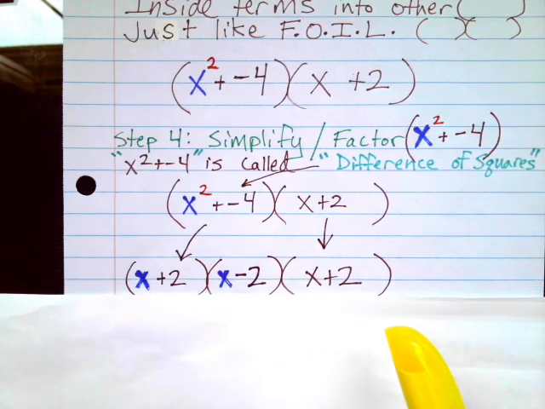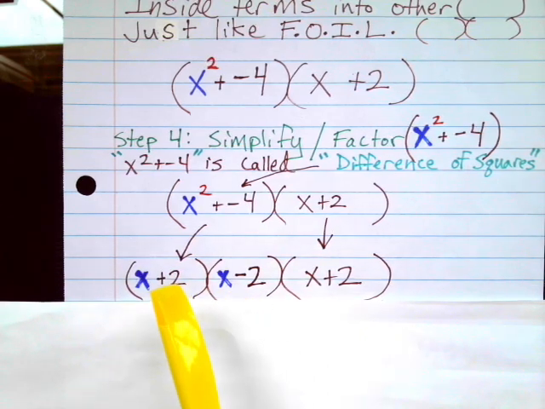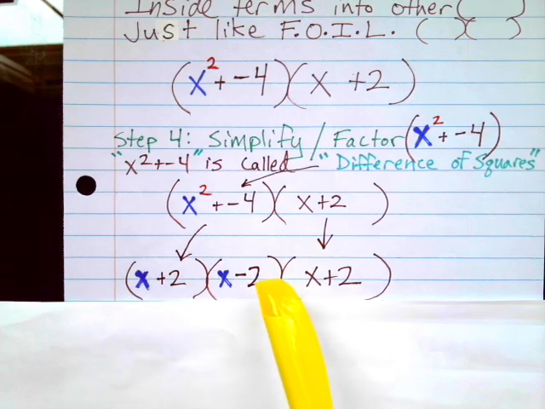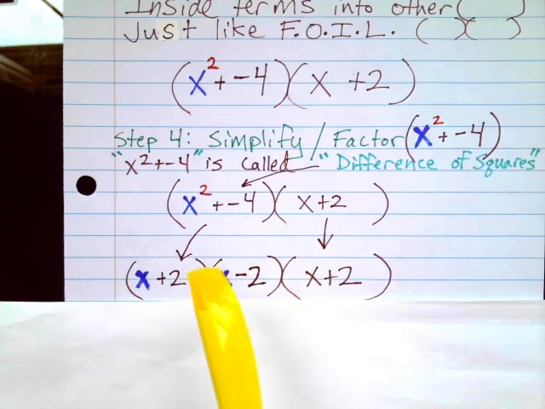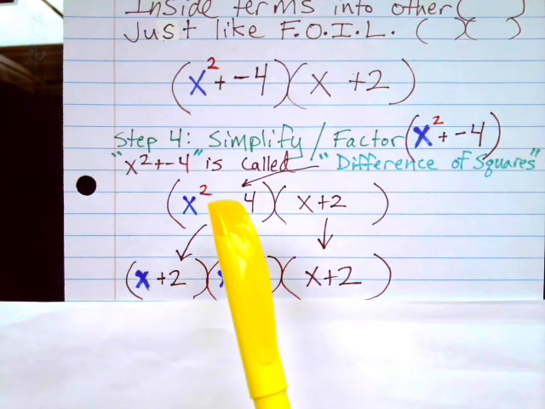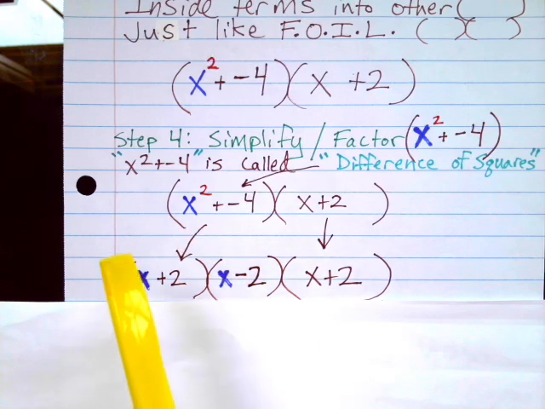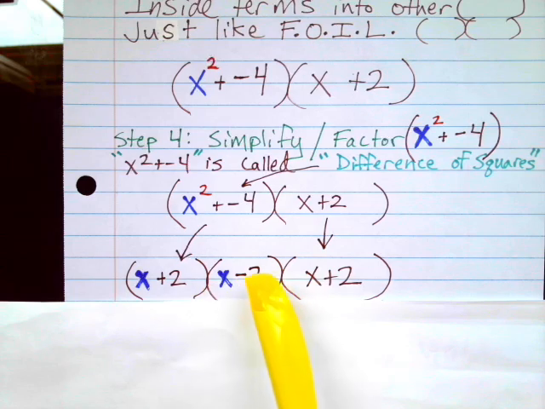I know that a +2 times a -2 would give me a -4, but when you add +2 plus a -2, you get 0. So again, this is called difference of squares. You can look these up and practice them. And we just bring that x plus 2 down attached to these terms.